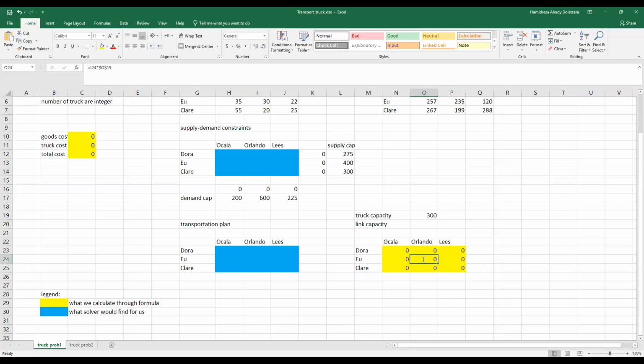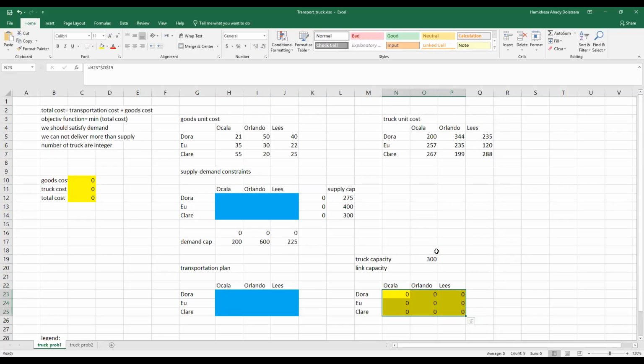If I click on it, the formula shows that based on the number of trucks that Excel solver calculates for me, it multiplies by 300, which is the capacity of a truck. So I can understand the total capacity that I could have from a supplier to a customer, on a specific link.